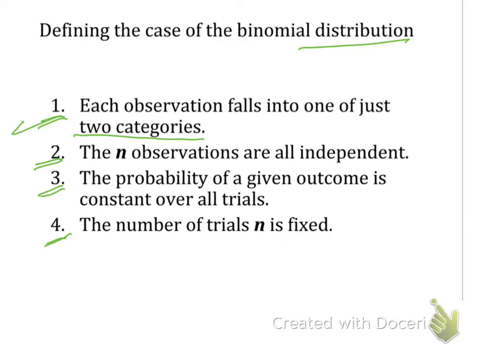The second rule is that the n observations are all independent. For example, if I toss the coin, the probability of having a head is 50%. If I repeat the experiment and toss the coin again, the probability of the head remains 50%, or 0.5. This means that the result of the second toss does not depend on the previous one. The third one also will not depend on the previous two.